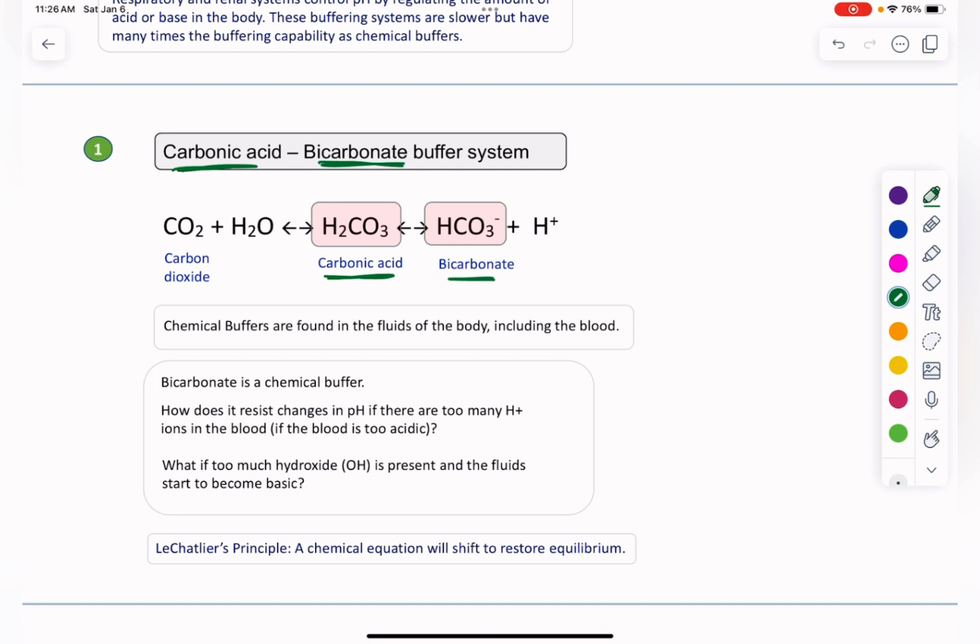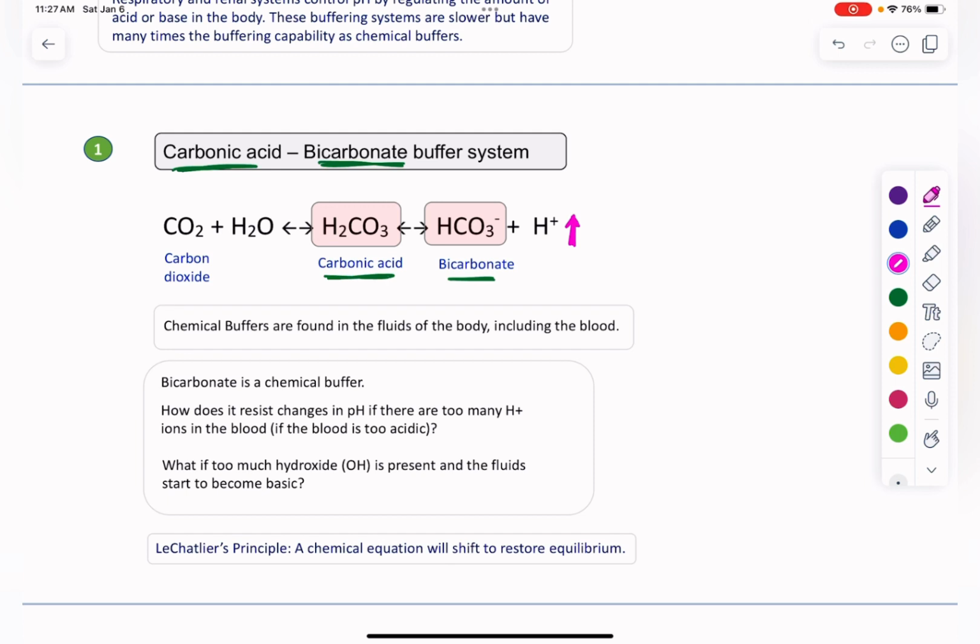So how does this system resist changes in pH? Well, let's say first of all that we have an acidic situation. The body is too acidic because it has too many hydrogen ions in solution. What happens if there are too many hydrogen ions in solution?